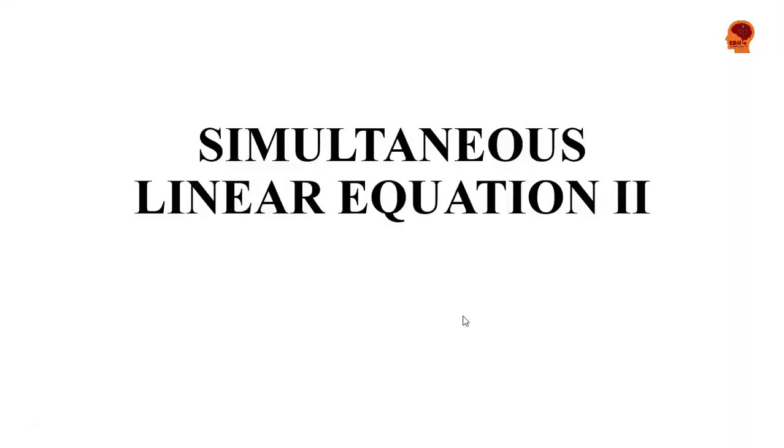Okay guys, we are on to simultaneous linear equations 2, where I am going to teach you how to solve using the elimination method. I call it the get rid method. Let's get to business.